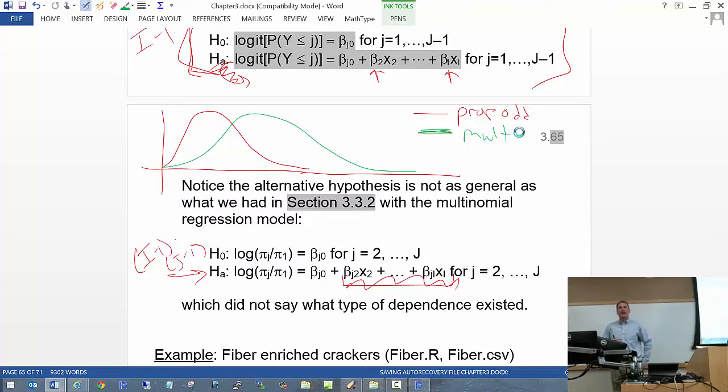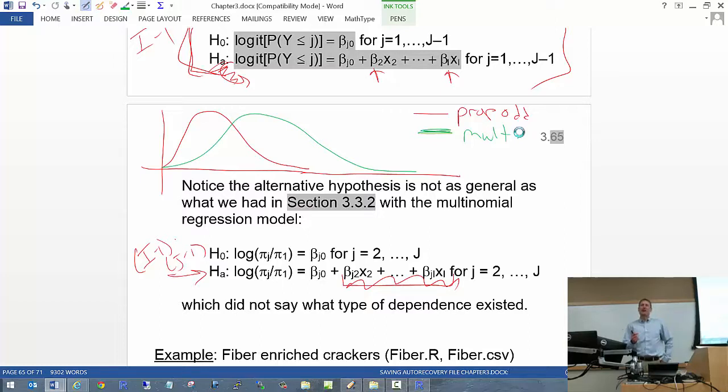For those of you taking stat 883, think about a chi-square distribution. As the degrees of freedom increases, what happens to the mean? What's the mean of a chi-square random variable? It's equal to the degrees of freedom.